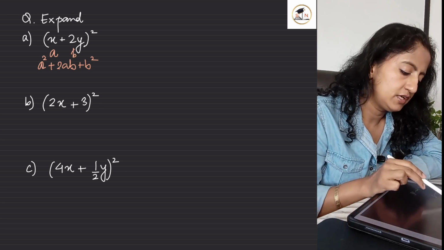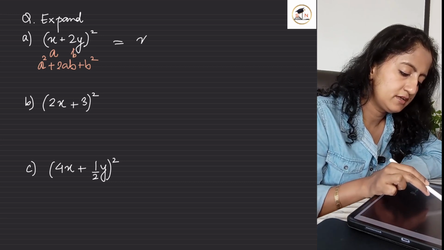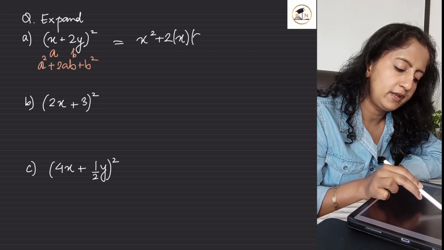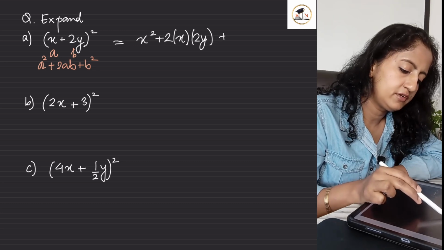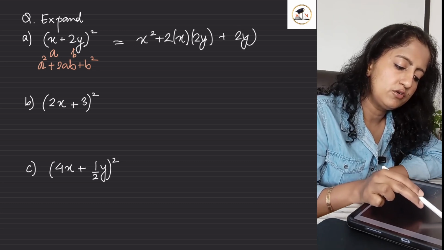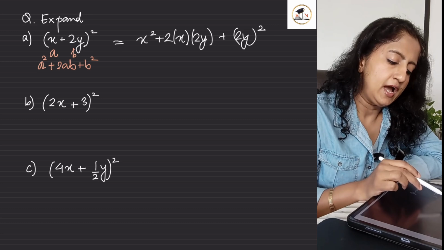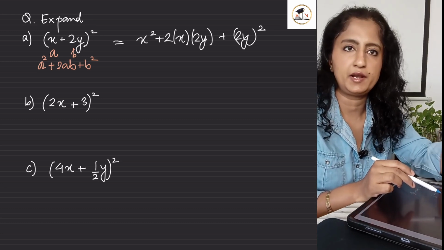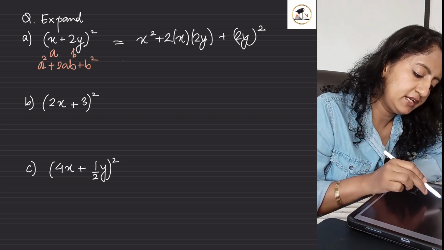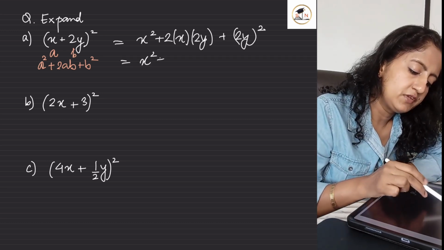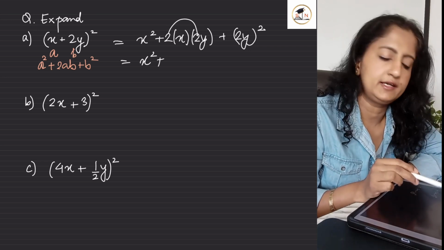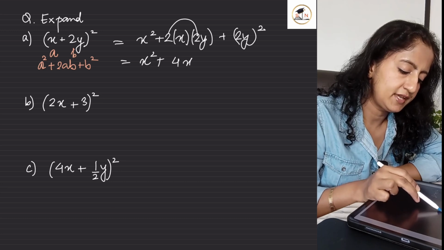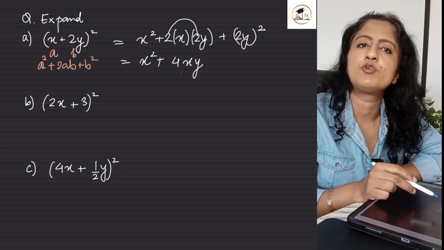Applying that over here gives us x square plus 2 times x times 2y, and then we have (2y) whole square. I have written each term by term to show you clearly how the identity is being applied. So it gives us x square plus, now this 2 and 2 will get multiplied giving us 4, and x and y multiply giving xy, so the middle term becomes 4xy.